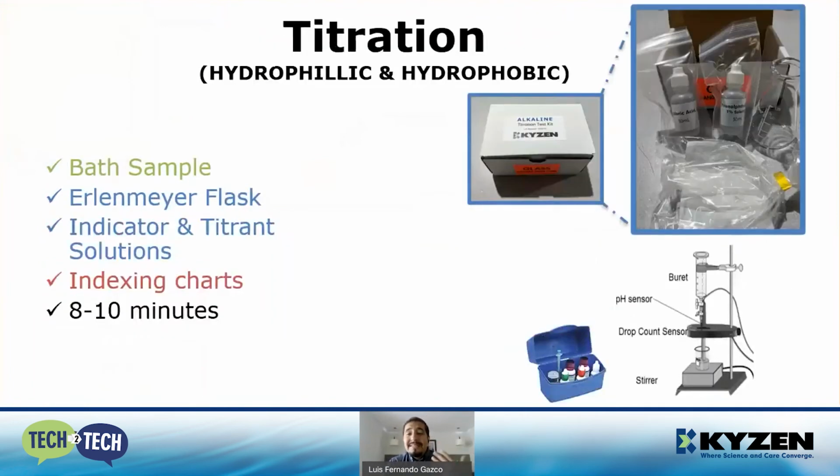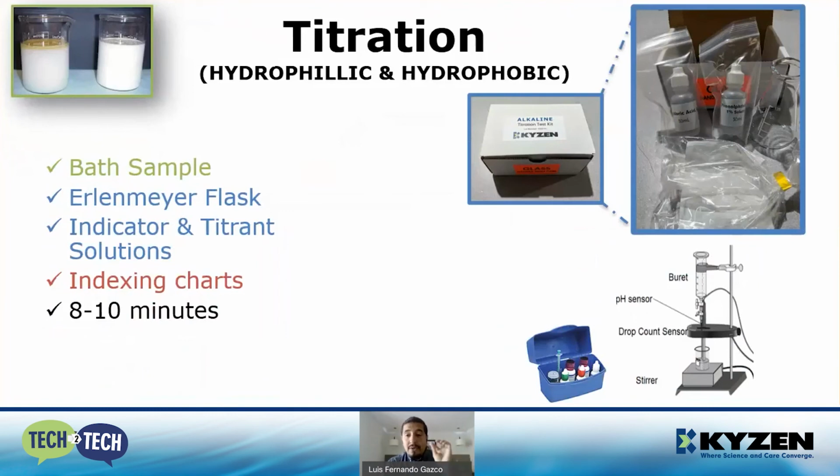Titration is a method more suitable for lab analysis due to the precision skills required. It can be used for either type of chemicals, hydrophobic or hydrophilic. It involves getting a sample of the wash tank solution and diluting it into a known volume of water specified in the instructions provided by the manufacturer. An indicator solution is used to tint the diluted sample, and then a titrant is added to the sample drop by drop, making sure it mixes well, until the color set by the indicator completely disappears.